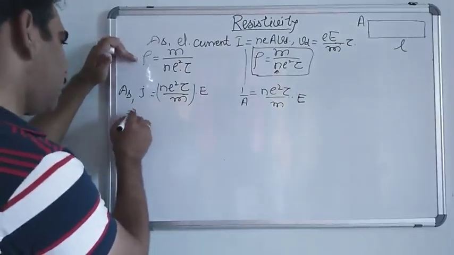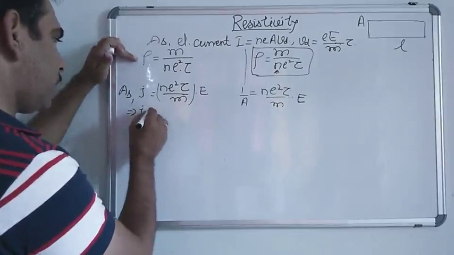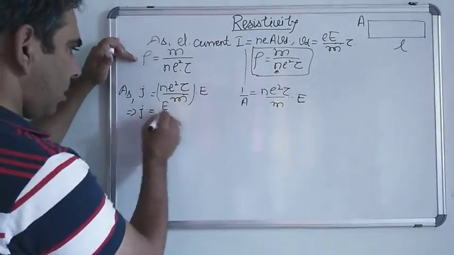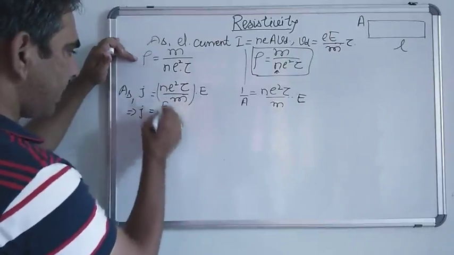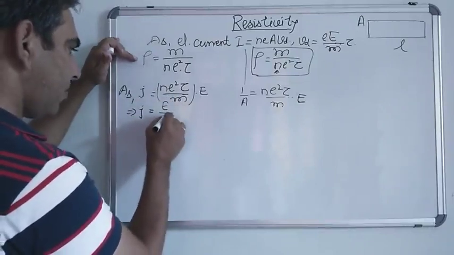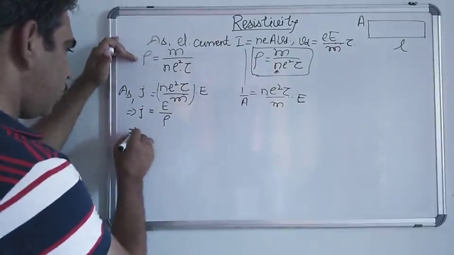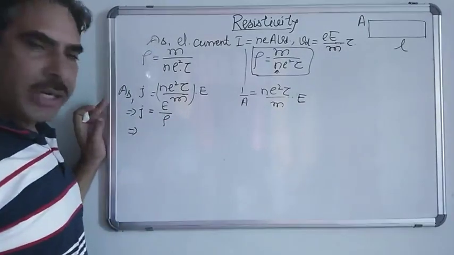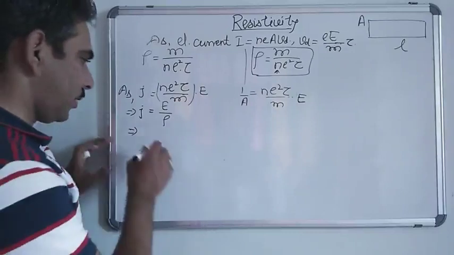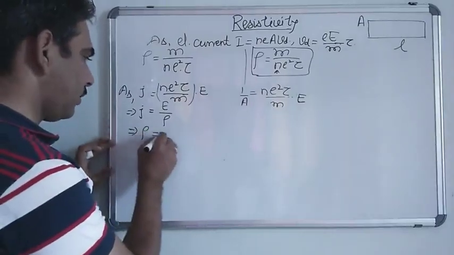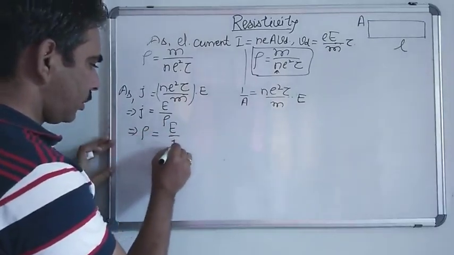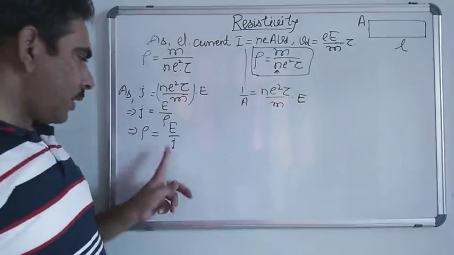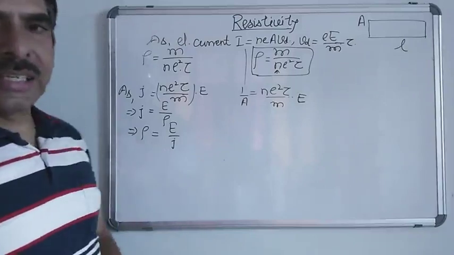So the expression for current density is equal to E upon rho. From here we can say that current density is the electric field applied per unit electrical resistivity of the conductor. So we can write resistivity to be E upon J, right? So more current density means less resistivity.